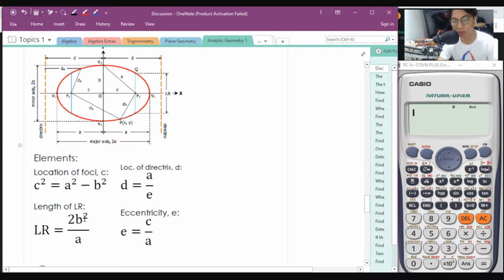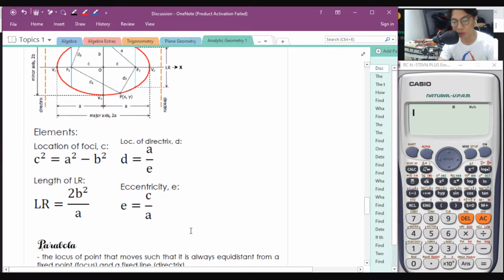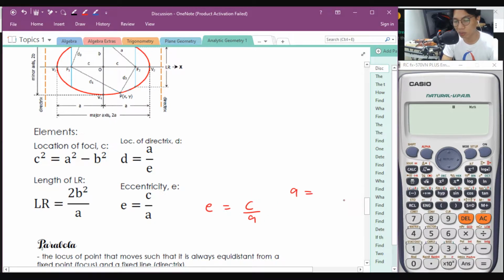The length of LR, the latus rectum, or when two, latera recta, is 2b squared over a. The eccentricity is always equal to c over a, or a is equal to c over e, or c is equal to e times a.